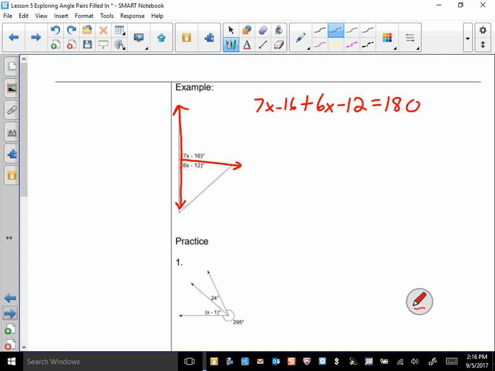And we don't really have any instructions as to what we're doing here, but I'm going to assume that we're solving for x. So let's just do that. So let's see, 13x minus 28 is 180. Add 28 to both sides. 13x is 208. Therefore, x is going to be 16.